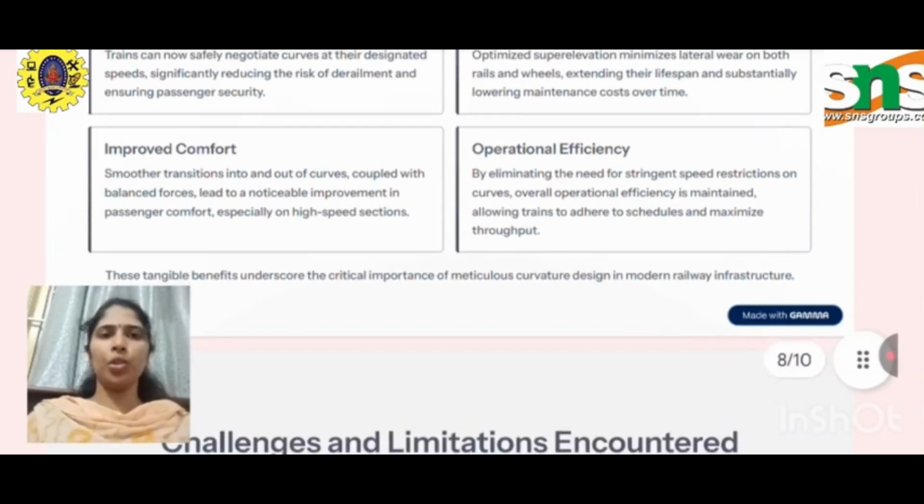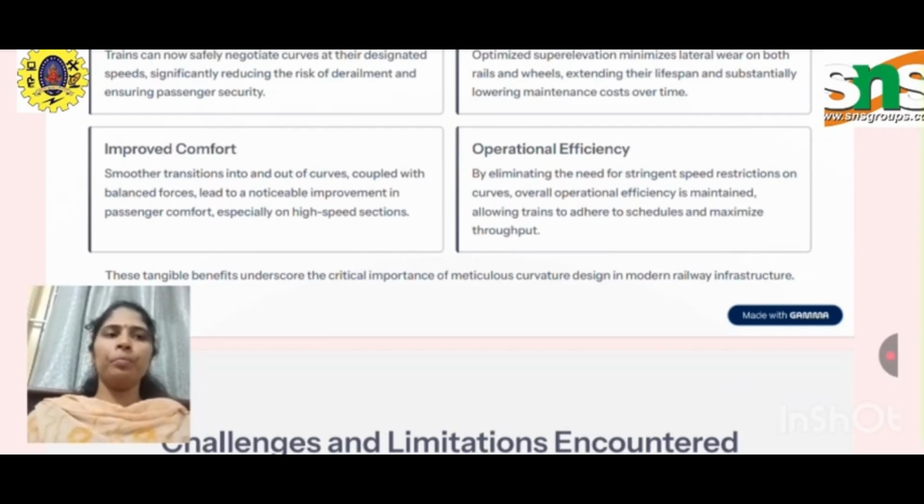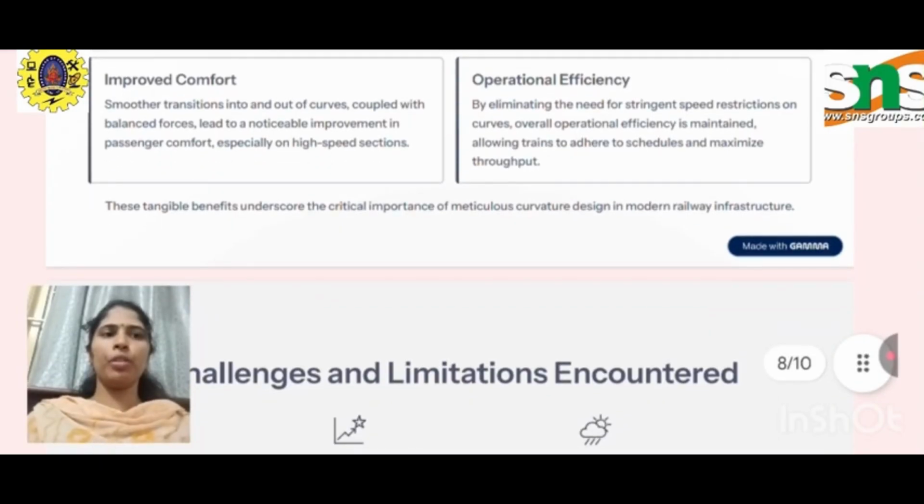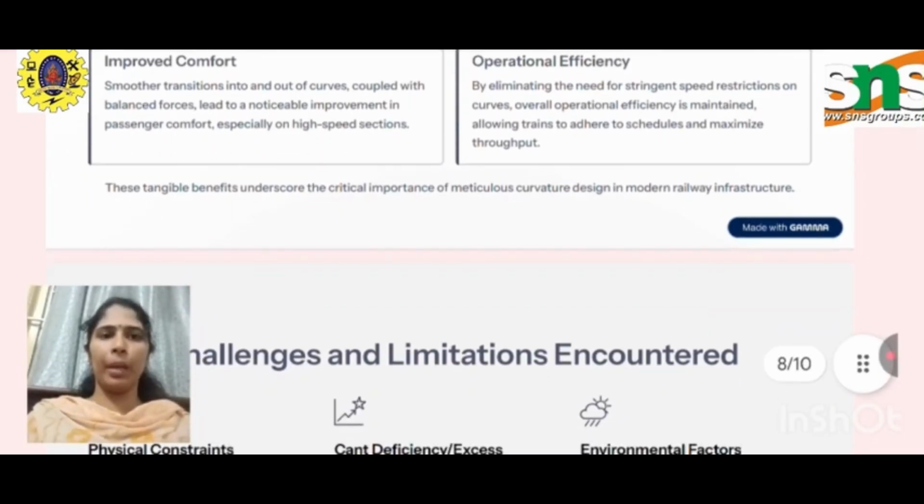Next is improved comfort. Smoother transition into and out of curves coupled with balanced forces leads to a noticeable improvement in passenger comfort. Next is operational efficiency. By eliminating the need for stringent speed restrictions on curves, overall operational efficiency is maintained.